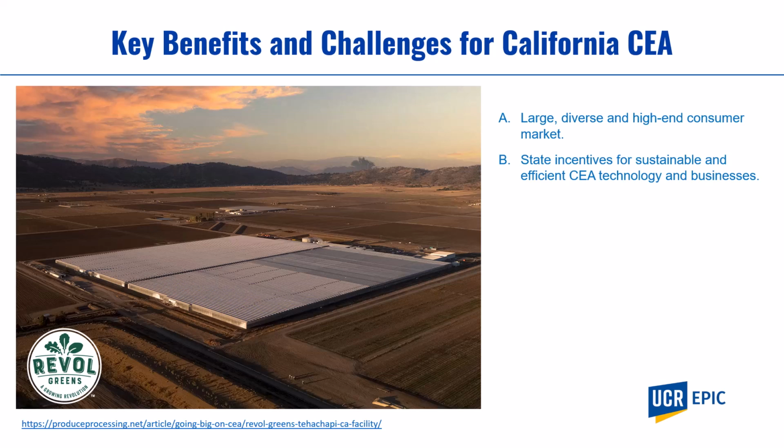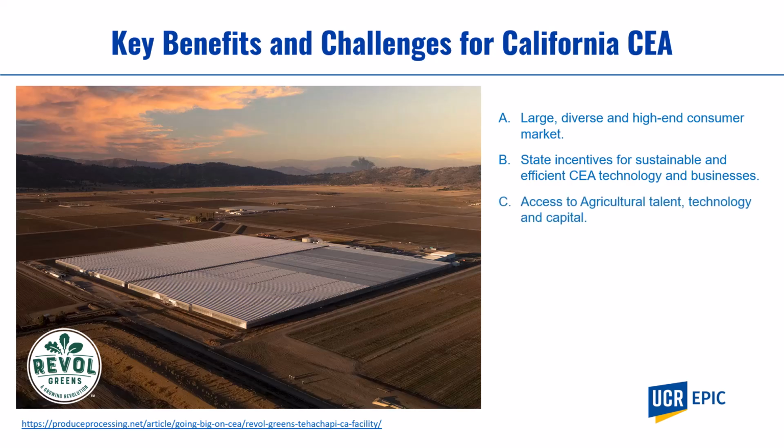And in fact, in the Netherlands, where controlled environment is highly advanced, the government highly subsidized controlled environment agriculture and supports it at quite a level. California is not there, but it's certainly something that CEA projects should consider for California.